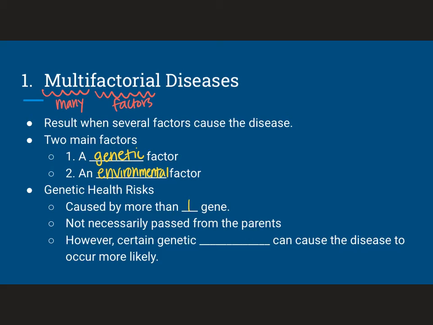However, certain genetic components can cause the disease to occur more likely. So even though you don't have the disease, certain genetic components may increase the chance of you getting certain types of diseases.